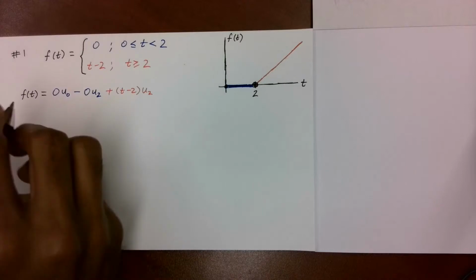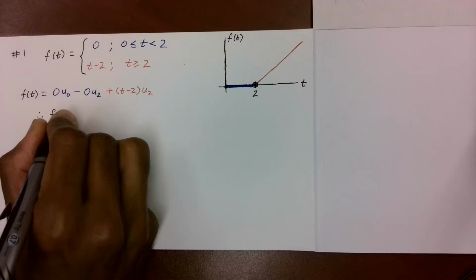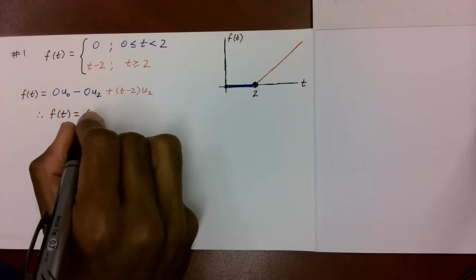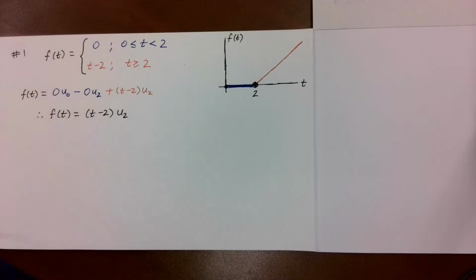And now we may simplify this. So therefore, f of t is simply t minus 2 times u2. And now we may attempt to take the Laplace transform of f of t.